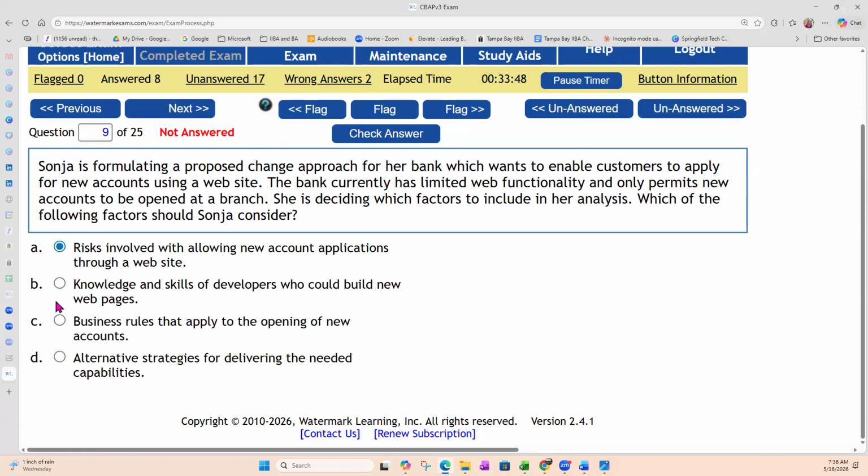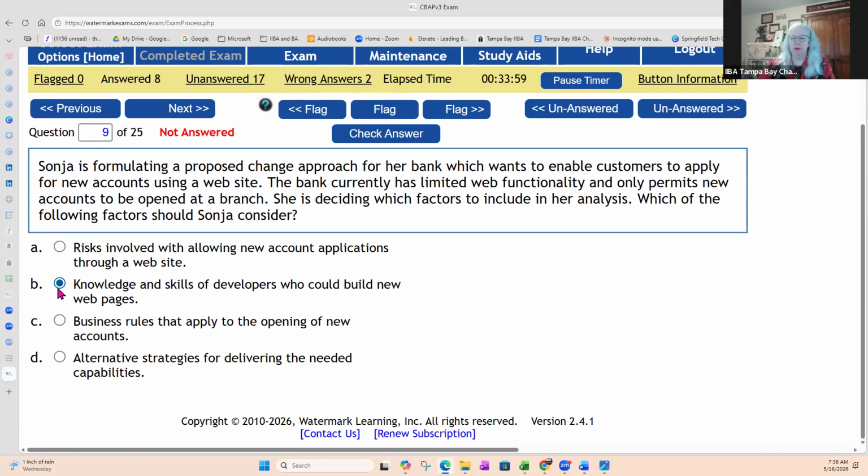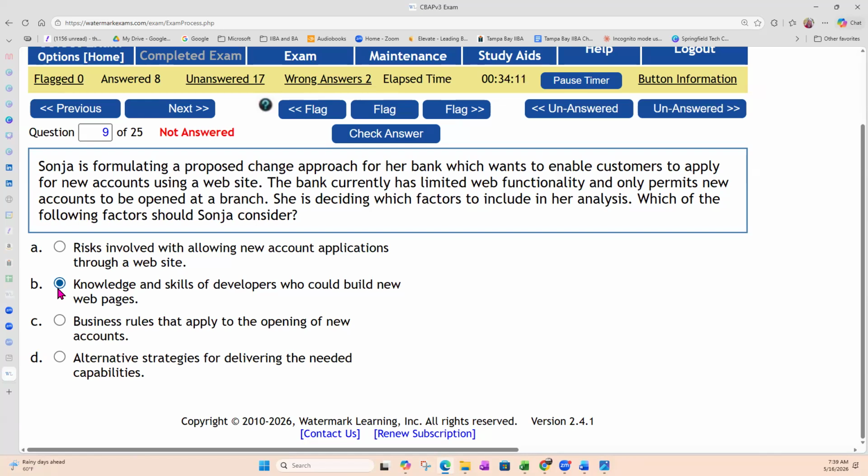So the knowledge and skills of developers. Tell me why you like that answer better. And the alternative strategies for delivering the needed capabilities. This one. The alternatives.